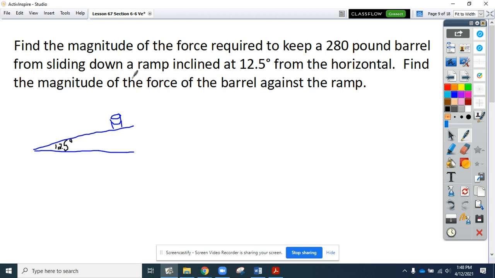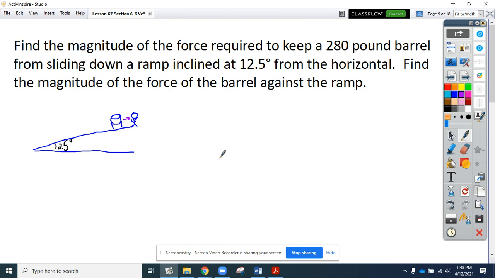And it says find the magnitude of the force required to keep it from sliding down the ramp. So what it's saying is that you're here, you're this little person here, and we're saying, how hard do you have to pull against that barrel to keep it from sliding? That's what you're trying to figure out.